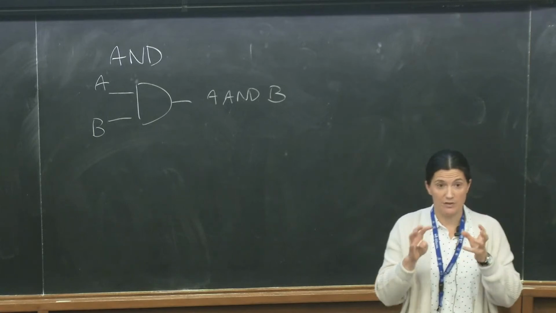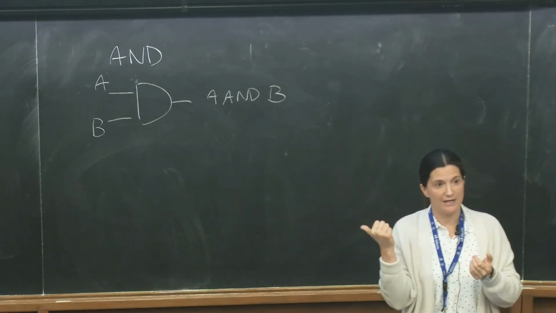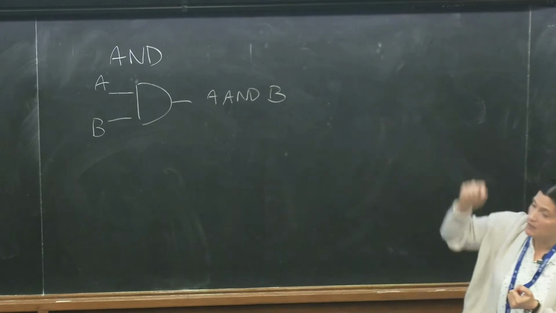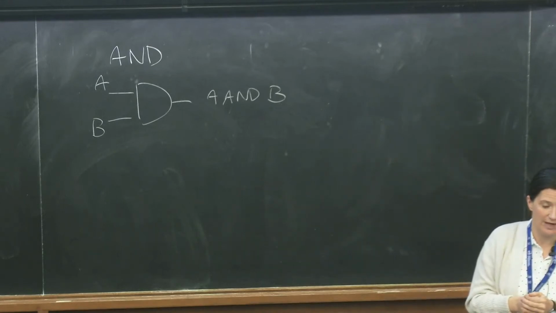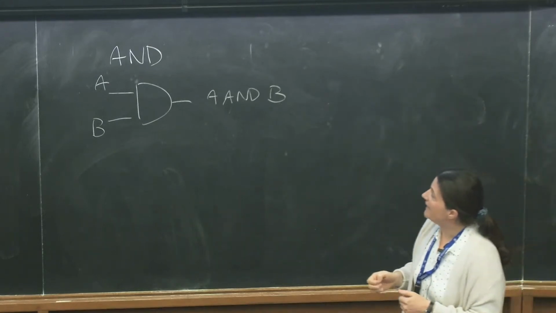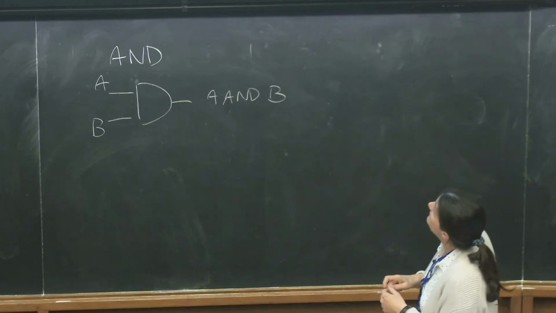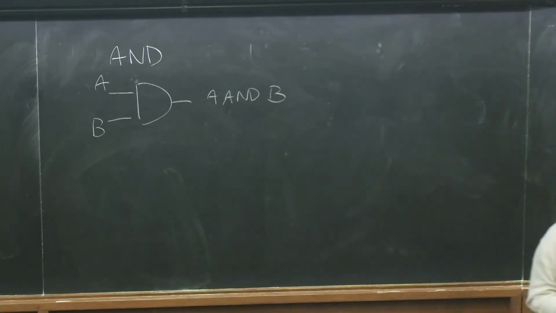You go into the chip, it has a smart setup, and then it gives you the output exactly how you would like to put the gate together. So you have all these gates, and this, for example, is the NOT gate.